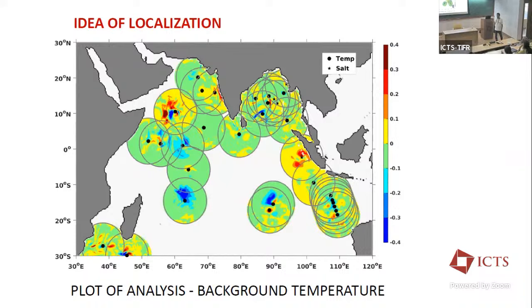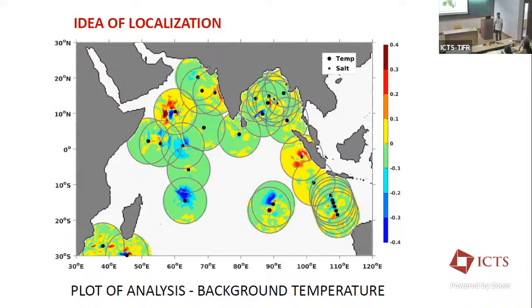But what we have done is put a localization radius over this, which means we are limiting the effect of observation only up to a certain distance. For example, take this observation: its influence is limited only within this circle.